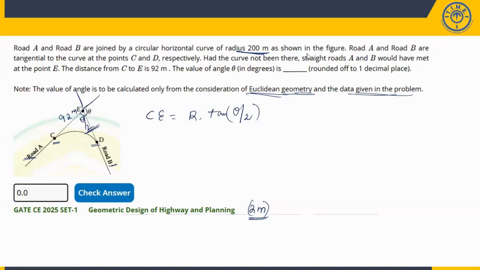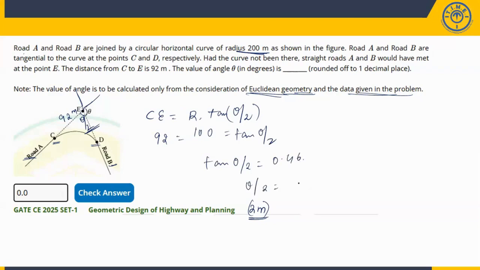Very good, Vijay Lata. What about others? CE is 92, R is 100, 0.92 is equal to tan theta by 2. Tan theta by 2 is equal to 0.46.